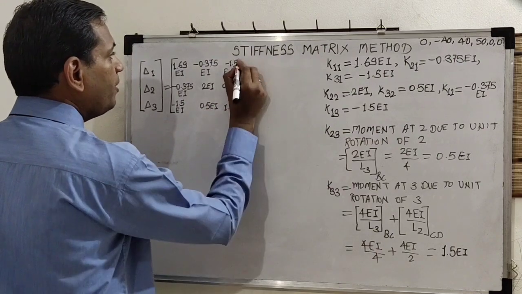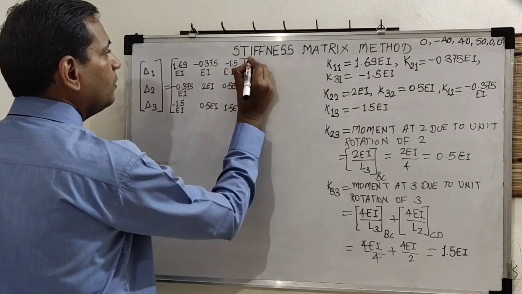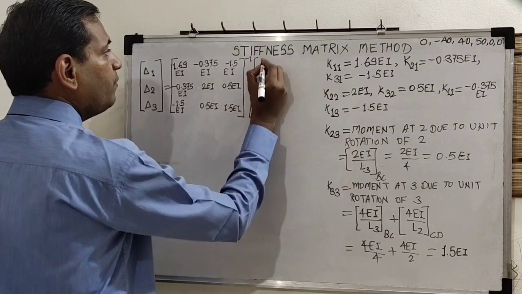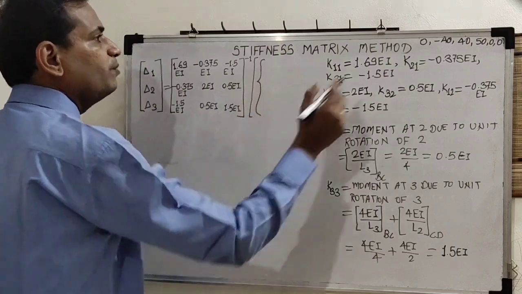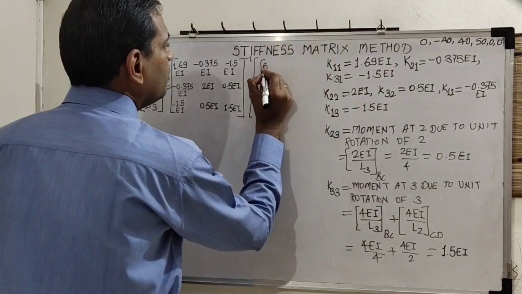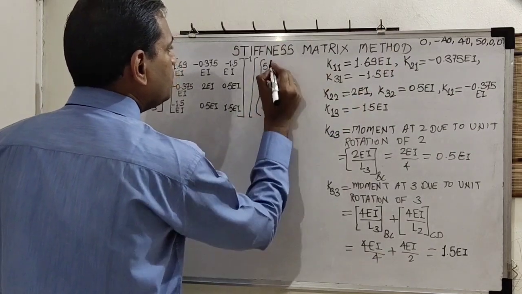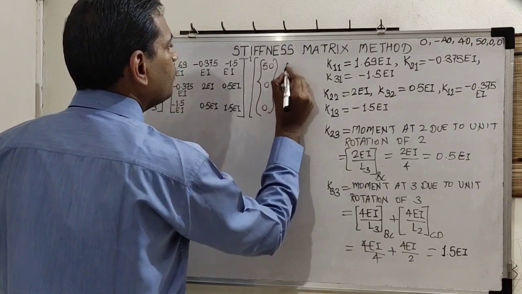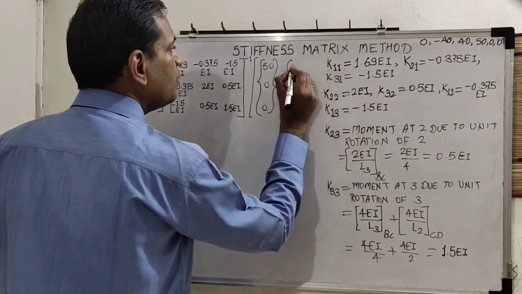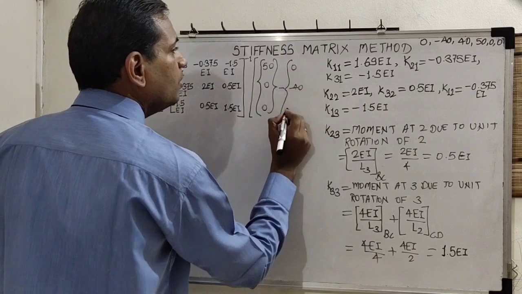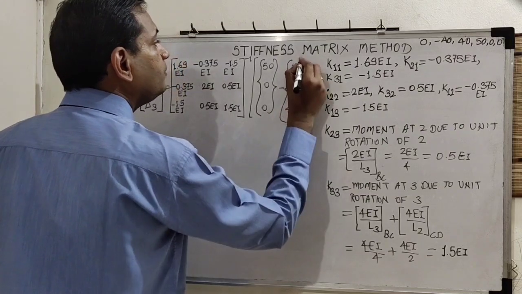So the inverse of this matrix multiplied by P values P1, P2, P3. P1 is 50, P2 and P3 both are 0. PL values now: PL1 is 0, PL2 is minus 40, PL3 is plus 40.